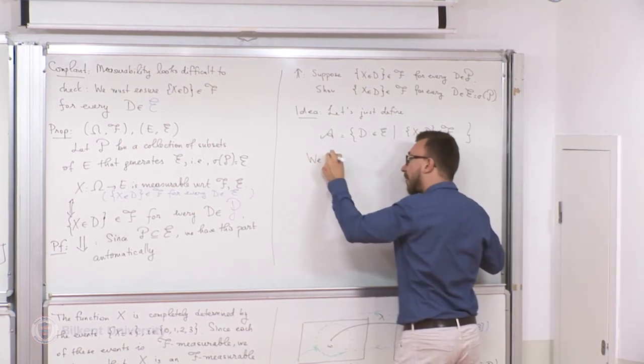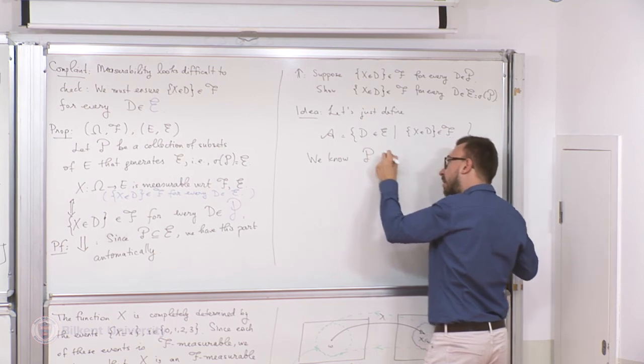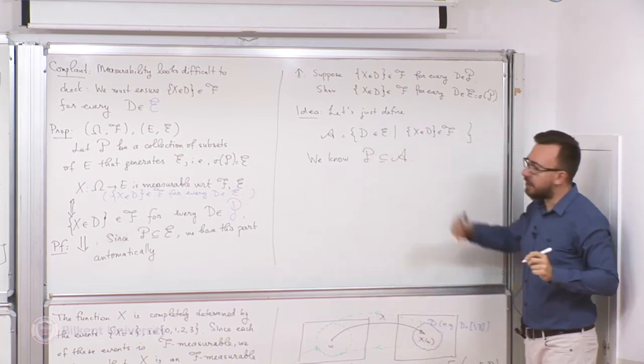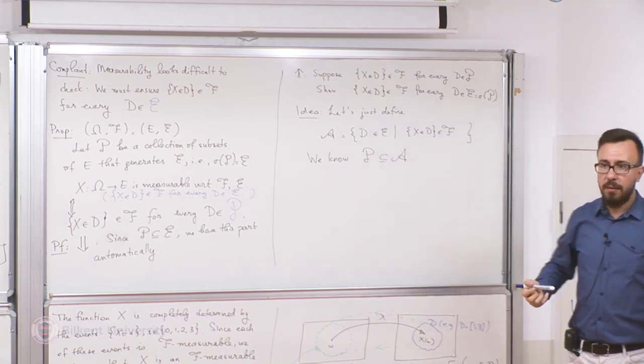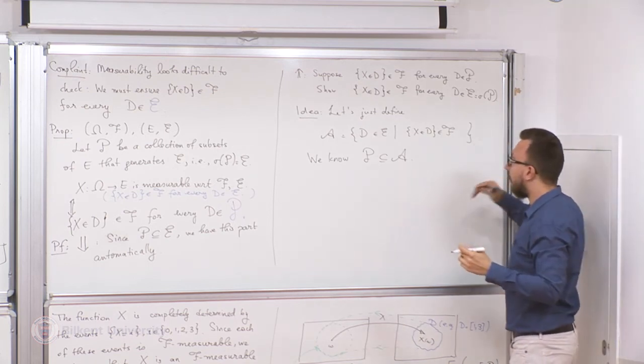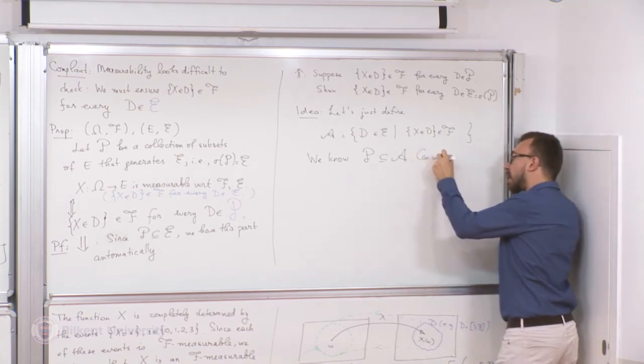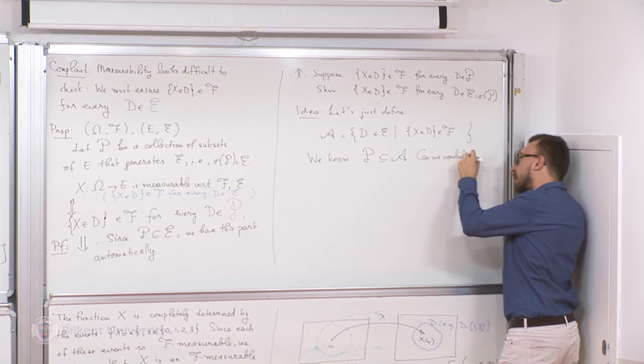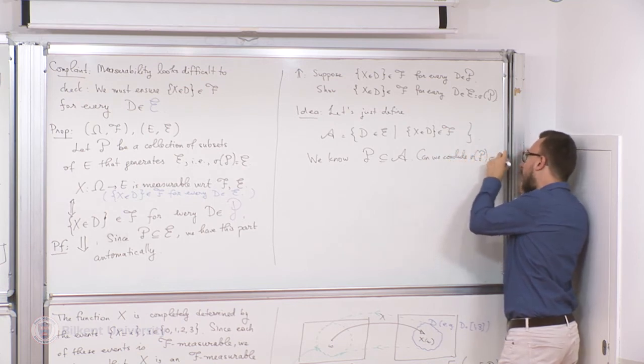And we know script P is a subset of script A. This is what we assume. Can we conclude sigma P is in A?